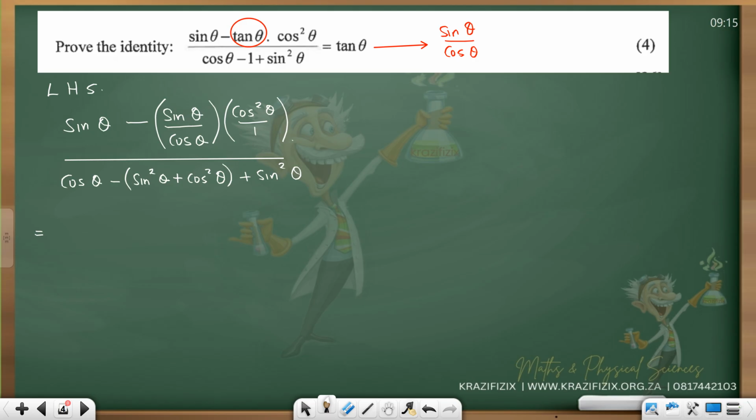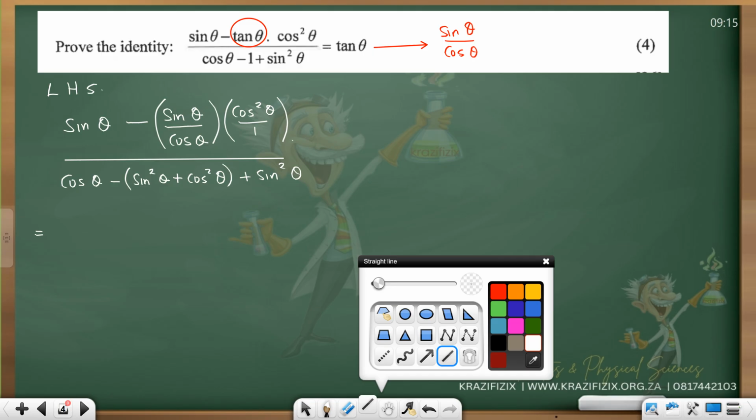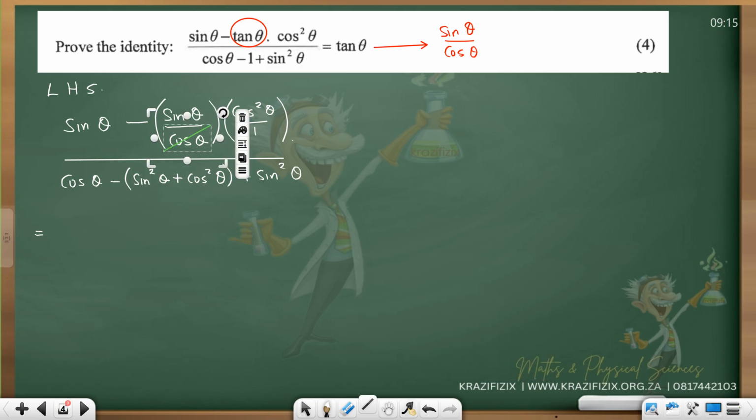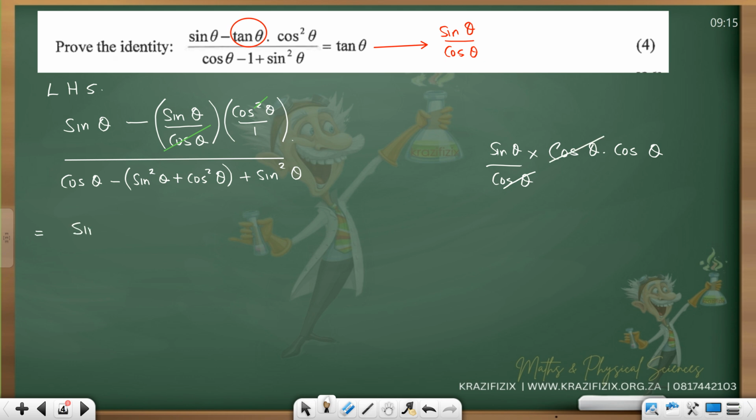Do you notice that this cos theta can actually take out 1 there by laws of exponents? I hope that makes sense because what I have there, when I say cos squared theta, is cos theta, and I have sine theta over cos theta. Now, what do I have?